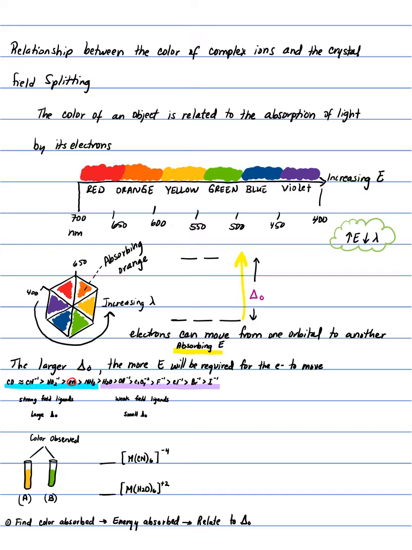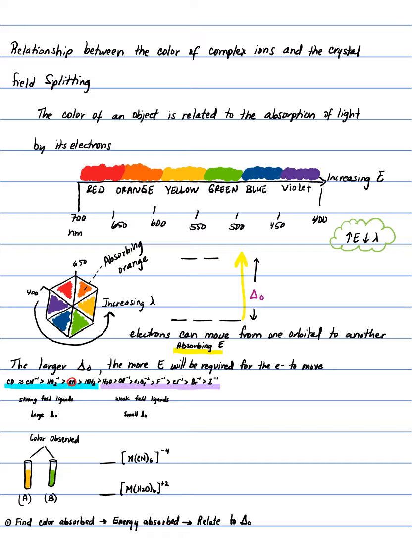So if something is absorbing energy with a wavelength, look at the wavelength that I have listed here. I'm doing this from 700 nanometers, that's wavelength, all the way down to 400 nanometers. Okay? So you see that the wavelength is decreasing when we go from red down to the violet color.